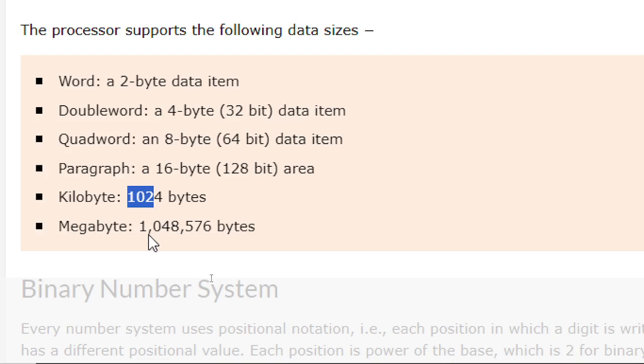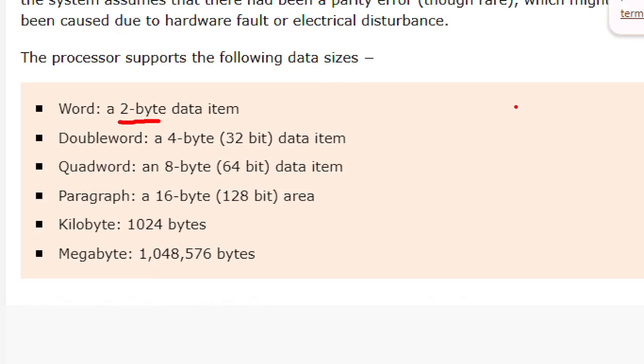Okay, so if you said 2 bytes, meaning 16 bits. Okay, because you have, let's say, FF.